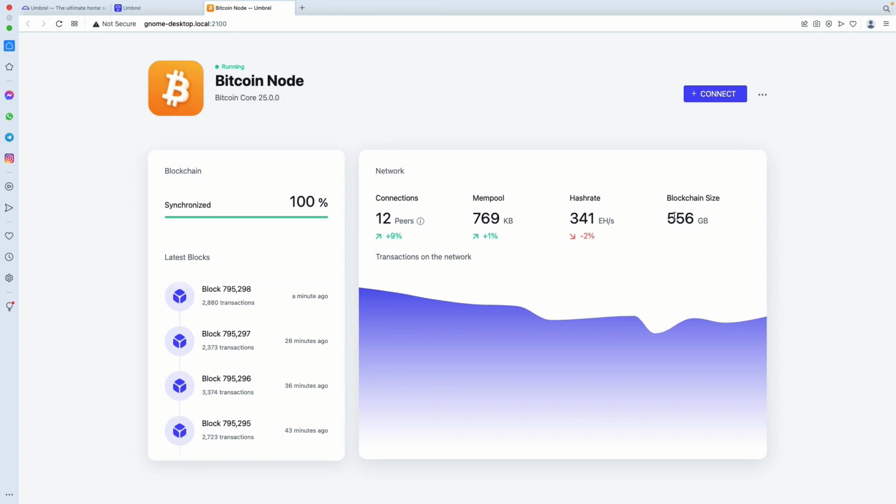I think it grows 1 to 3 gigabytes every week. So every year you will use another 50 to 150 gigabytes.